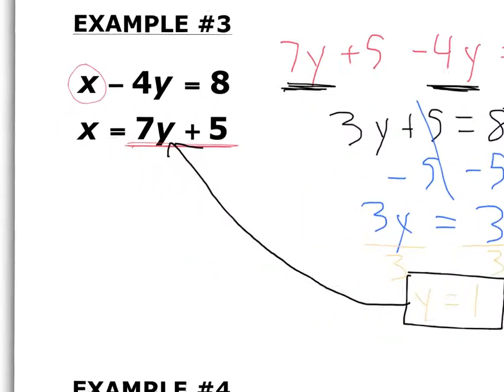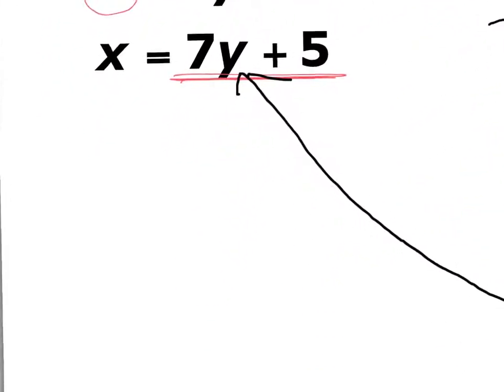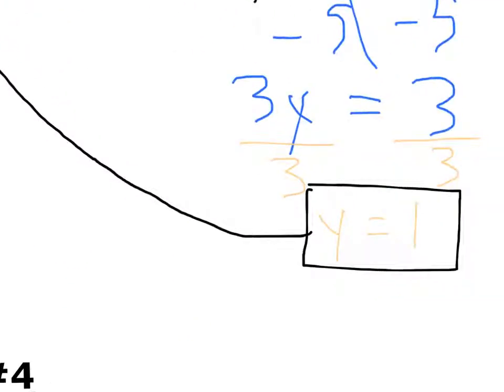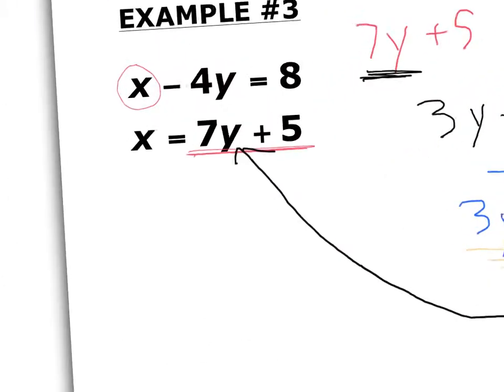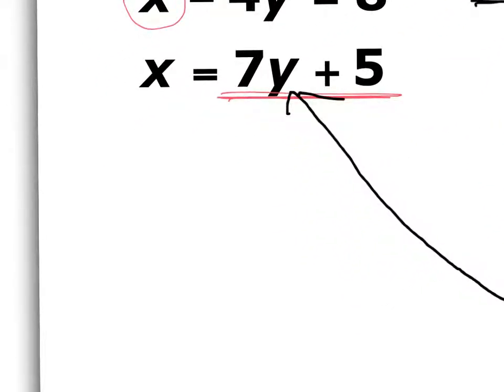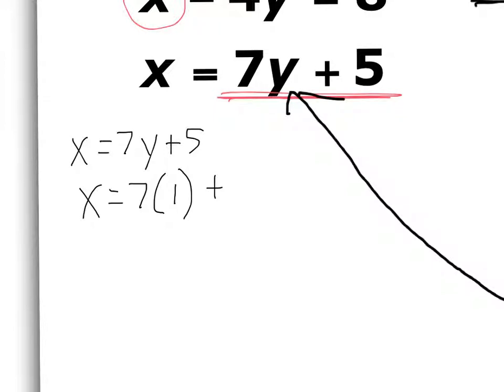Okay, so let's rewrite that bottom equation, but instead of y, I'm going to put 1. All right, so we have x equals 7y plus 5, and I'm going to put a 1 where the y is. So we have x equals 7 times 1 plus 5.